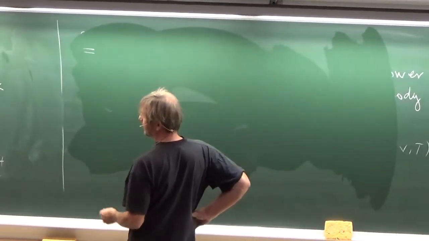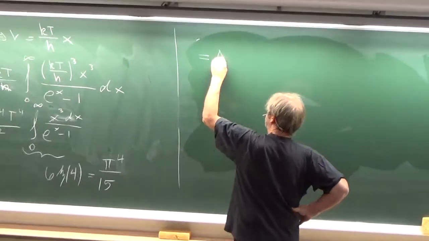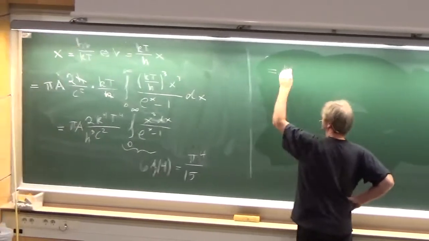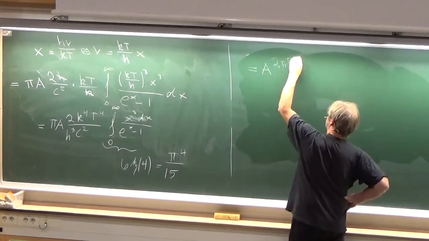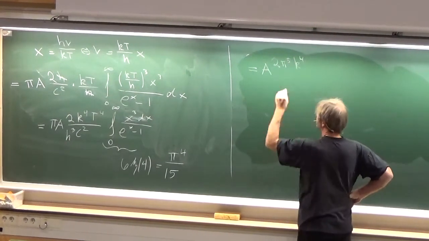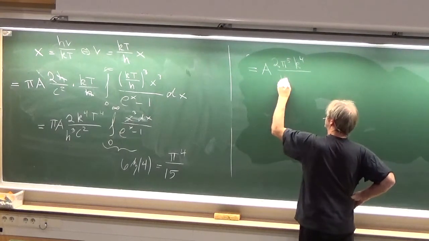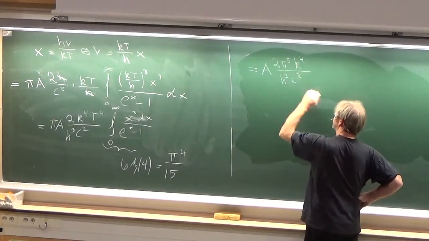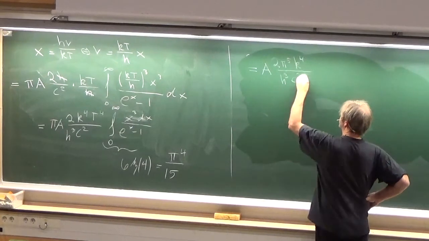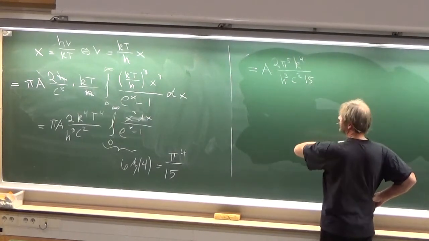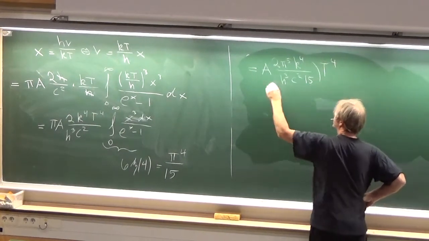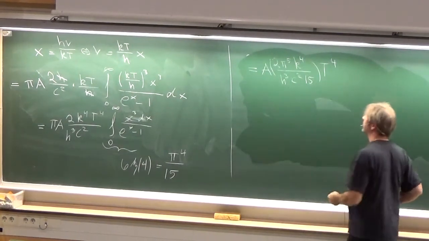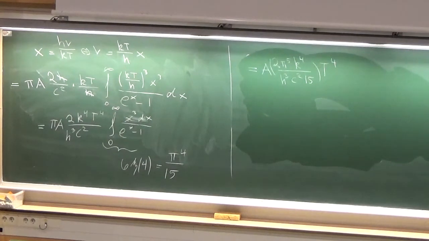So it all adds up to A times 2 pi to the fifth power, k to the fourth power, h to the third power, c to the second power, and 15, and times temperature to the fourth power.